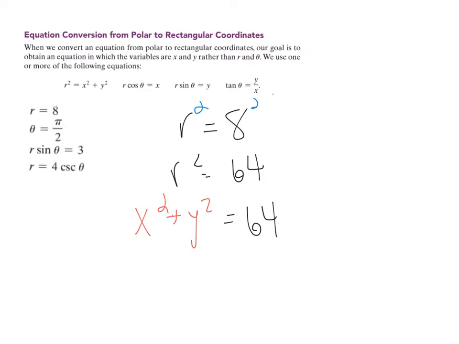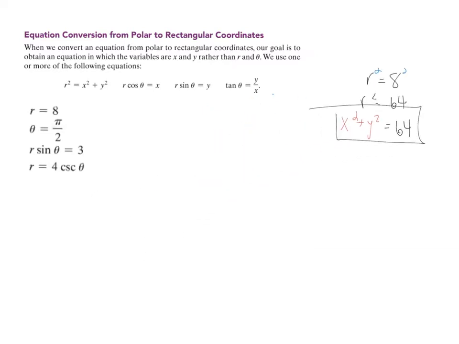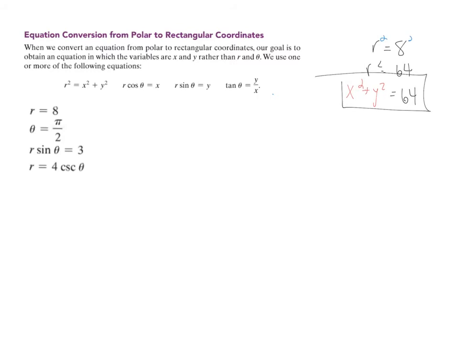So our radius was 3, and I talked about how the original equation was a circle centered at 0 with a radius of 3. So this is just going backwards. So your final answer, long story short, is x squared plus y squared equals 64, and that is a circle with a radius of 8, which is what we started with, right?